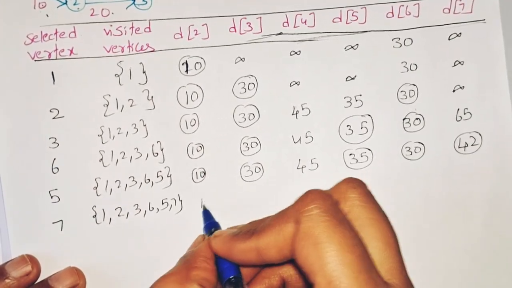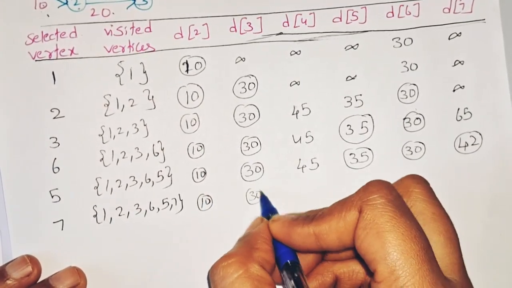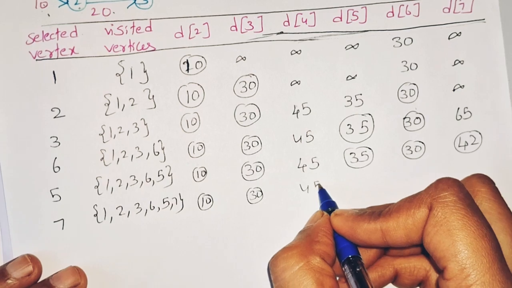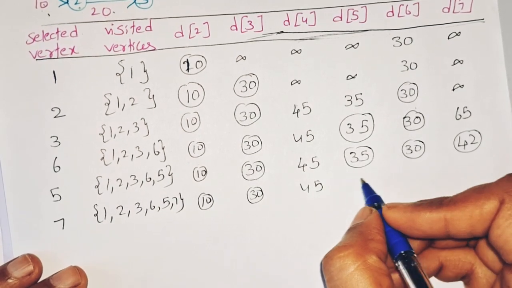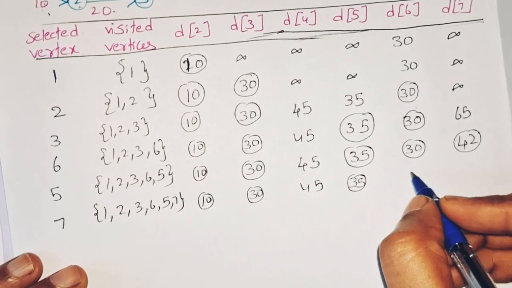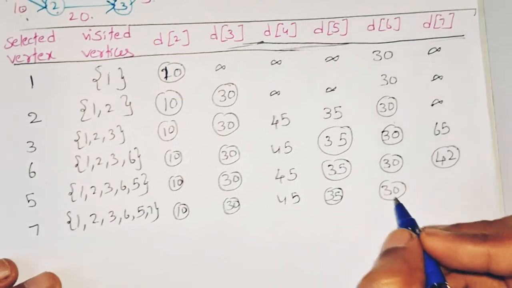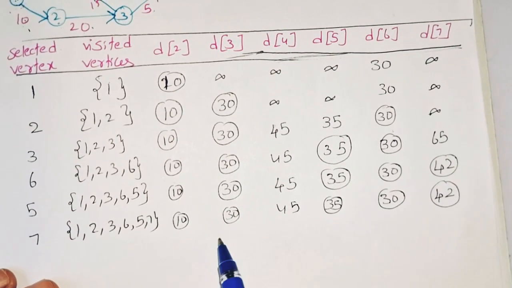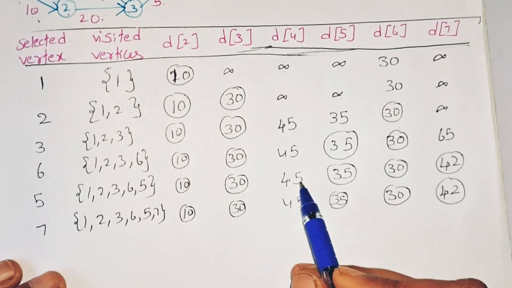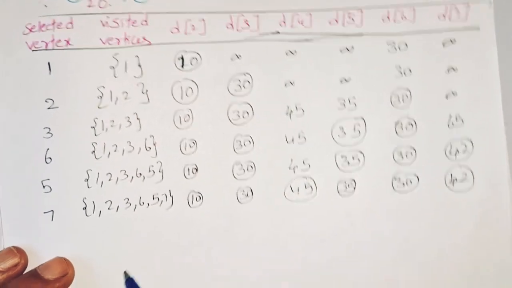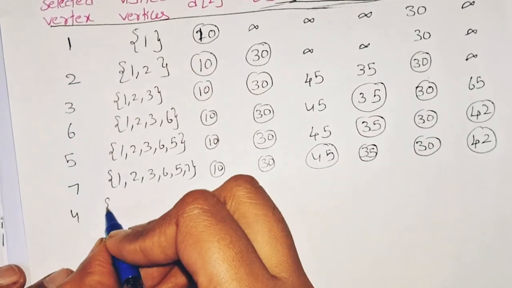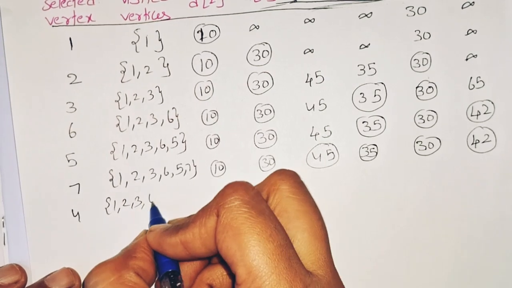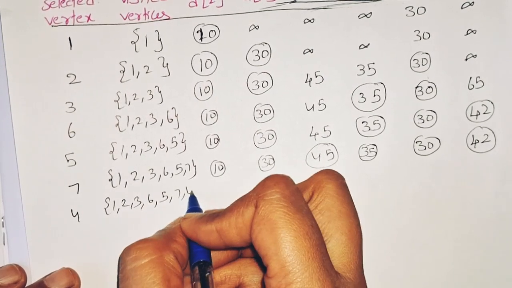Now write down this as it is: 10, 30, 45, 35, 30 and 42. What is the remaining unvisited node here? 4. So now we will visit this node also: 1, 2, 3, 6, 5, 7 and 4.